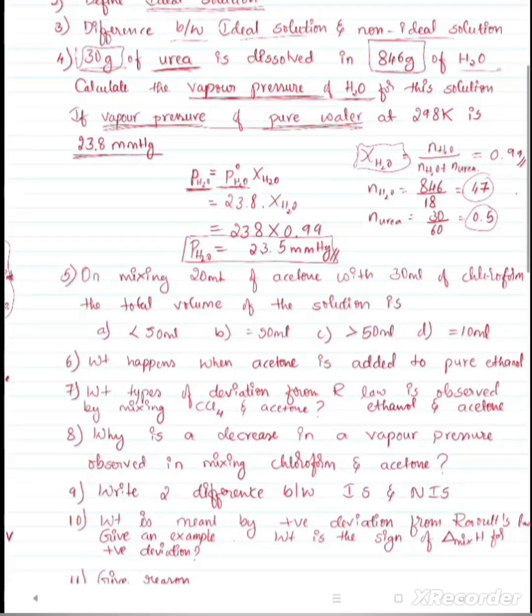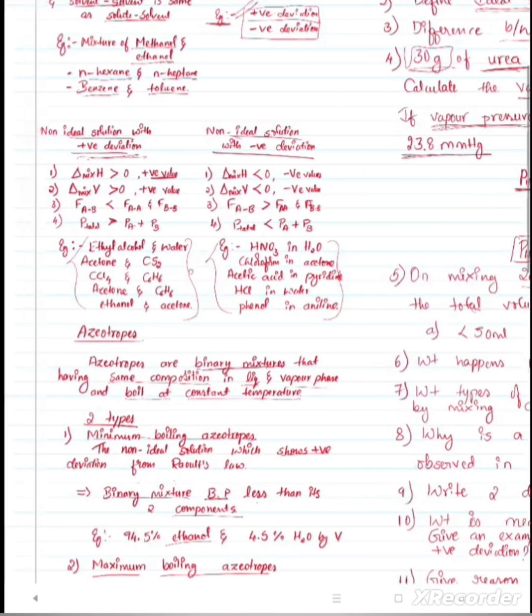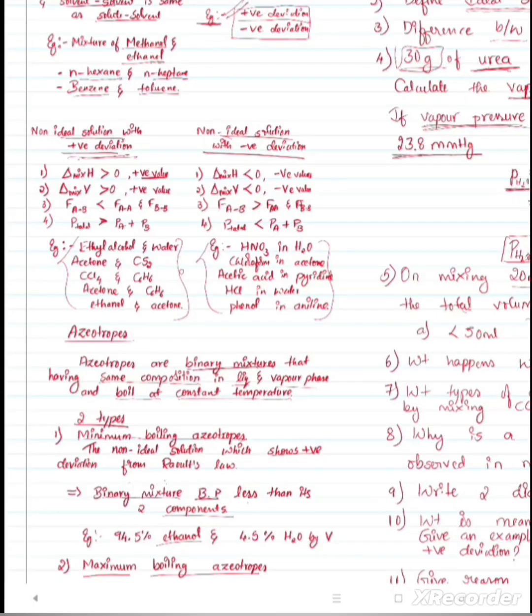Then next question: on mixing 20 ml of acetone with 30 ml of chloroform, the total volume of the solution is. First check which deviation acetone and chloroform undergo. Chloroform and acetone, here it is there. It will take place as negative deviation.